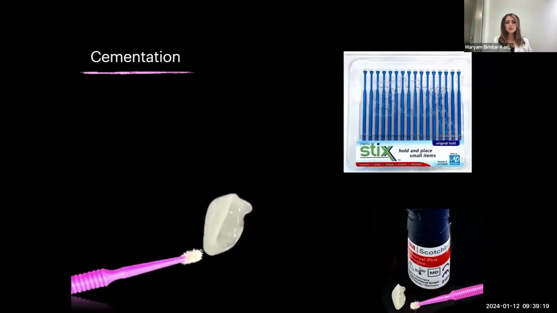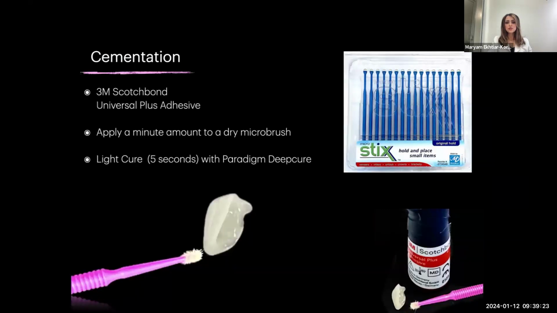To continue with cementation, I use these wonderful micro sticks, but I have noticed they don't adhere as well to Camouflage. So I have a little trick where I dab just a touch of 3M Scotchbond adhesive onto my smallest micro brush, and I just hold it against the restoration at the edge.